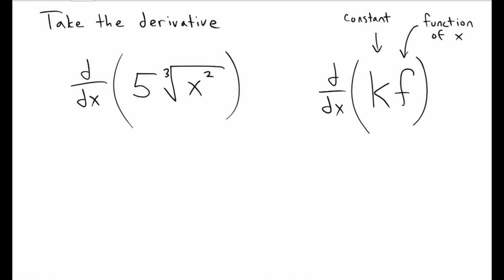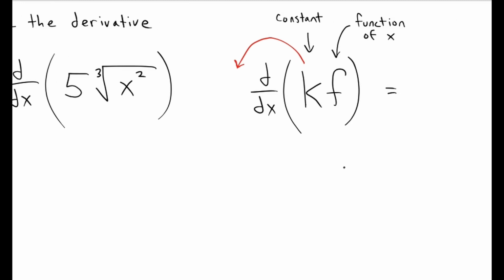We have this rule that the constants can just come right out of the differentiation. So what this will become then is k times d over dx of f. The constant is like a spectator who gets multiplied back in after you do the derivative.